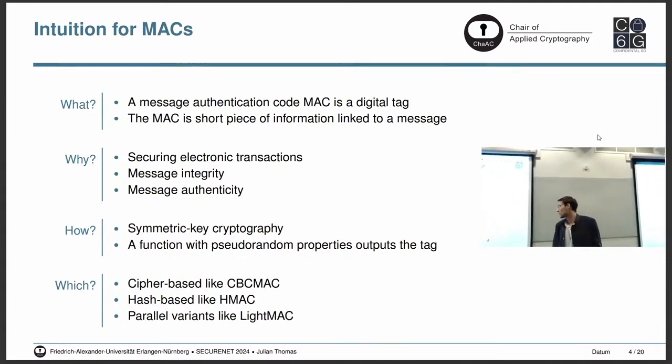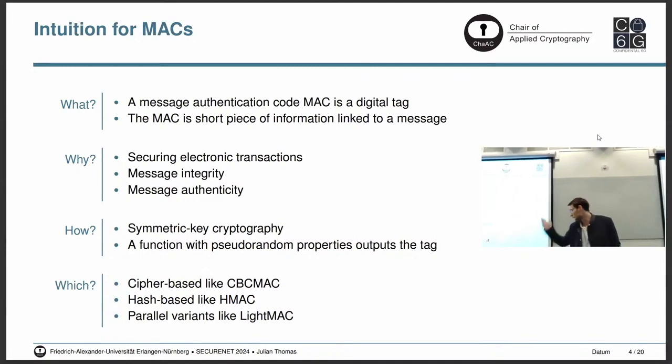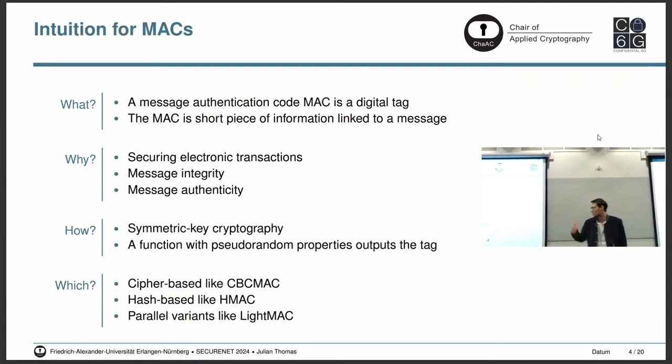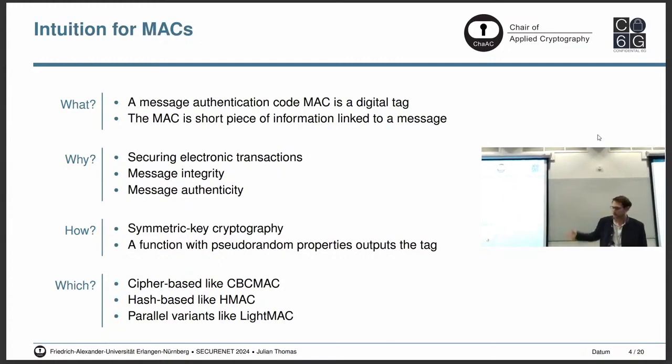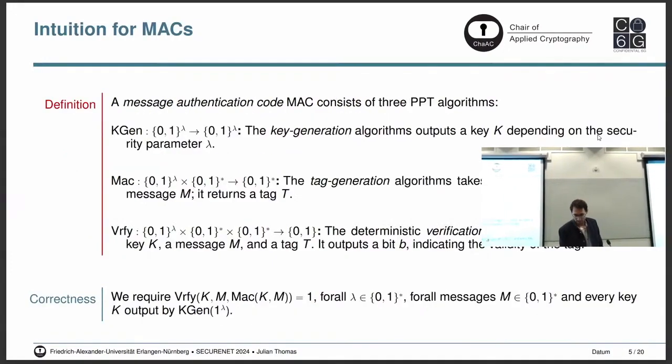In practice we have, for example, CBC-MAC, which is not secure in all cases, but is the easiest one, I think most of you may know. Then we have HMAC, which is very efficient, and we also have parallel MACs like LightMAC or PMAC.